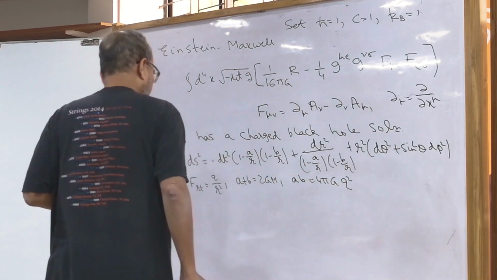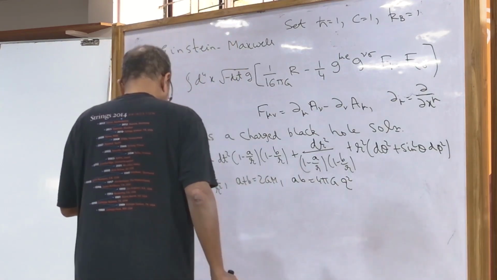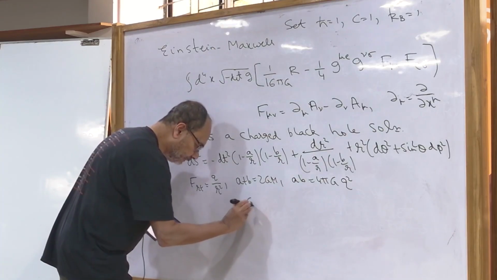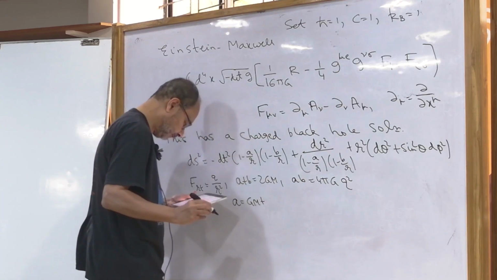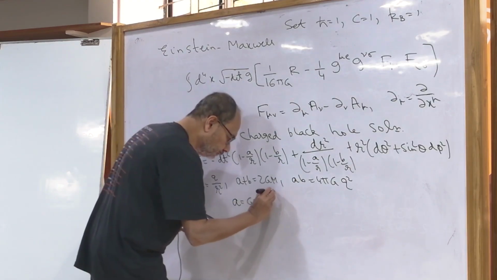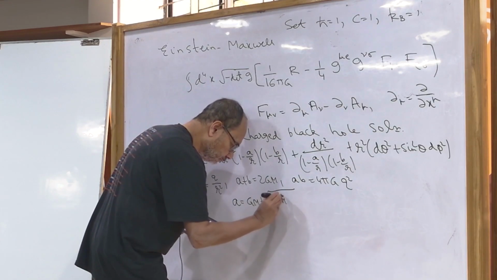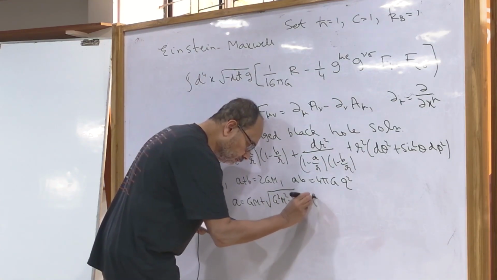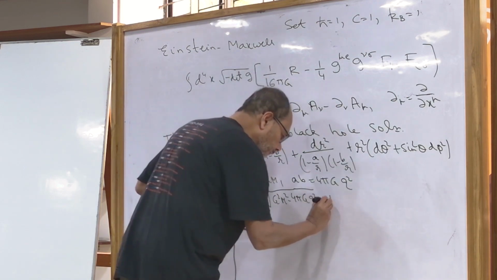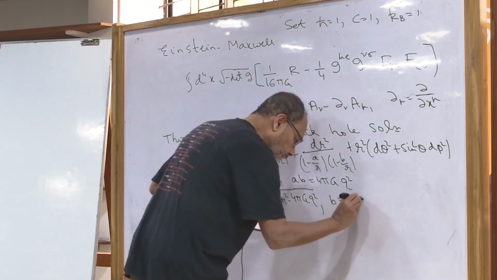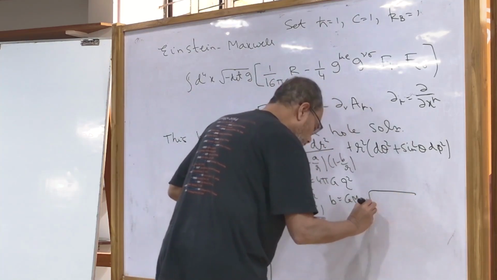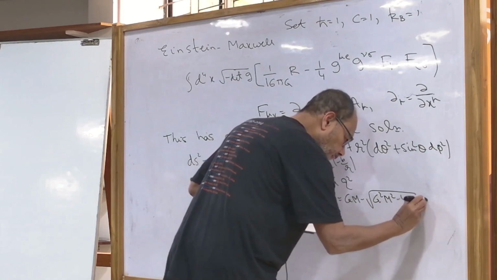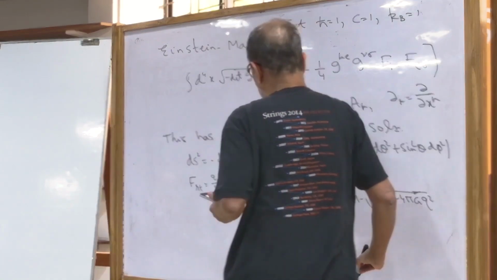I have written it this way, but you can also write down the expressions for A and B explicitly. So let me write it. We will take A to be the larger one. So A is GM plus a square root term.